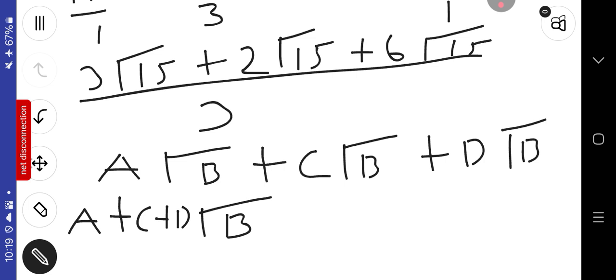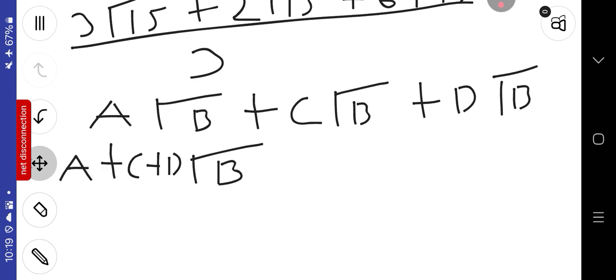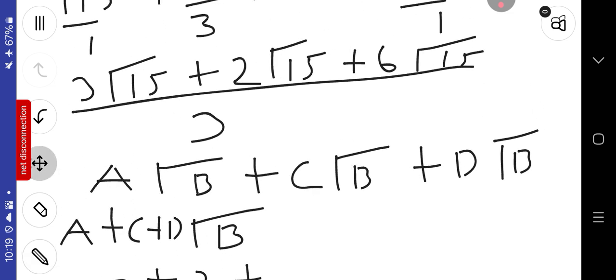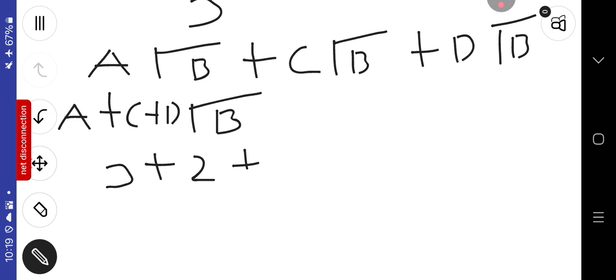Now we are going to apply the same concept to our question. You're going to pick root 15. First let's do this. So you're going to have 3 plus 2 plus, the last one is what, 6, all times root 15.